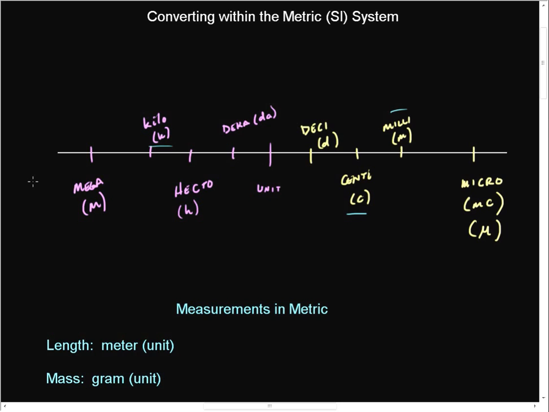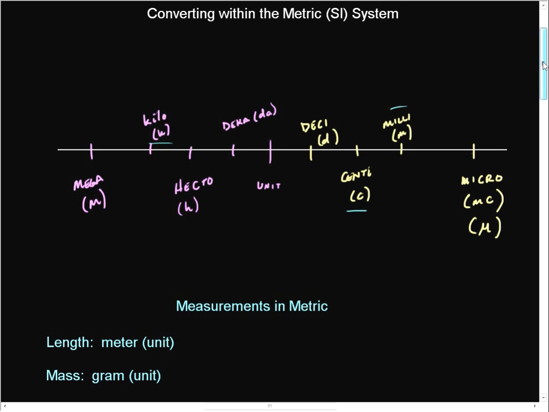You may have heard of nanotechnology. Nano is the next smaller one from micro. And so there are some that are emerging that are becoming more and more common that are not on my scale here. And I will probably do another video where I have a much more comprehensive scale. As it stands, this will cover the vast majority of people.